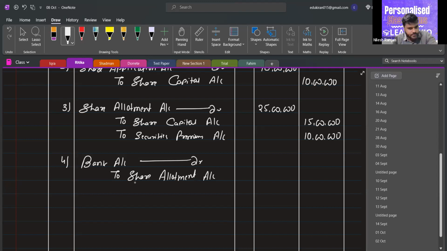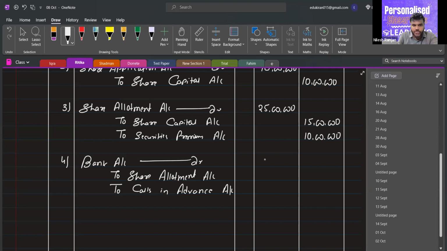There are call scenarios. Yes, there are calls in arrears and calls in advance. So we are not opening calls in arrears account, but we have to write calls in advance. Okay, sir. It is a liability for us, so it is on the credit side. Generally, if the question does not ask to open a calls in arrears account, then don't open it. Okay, sir.